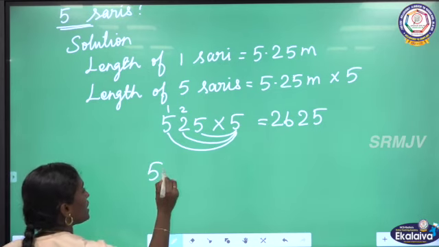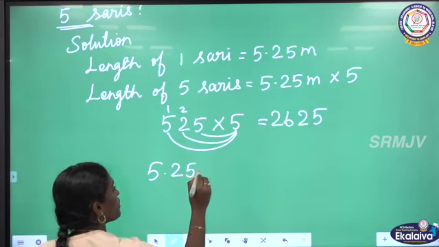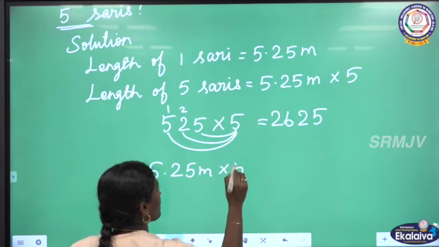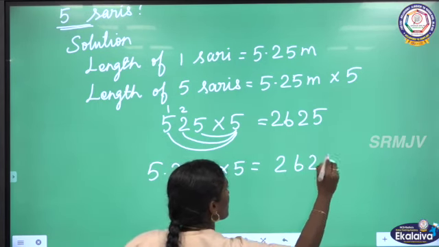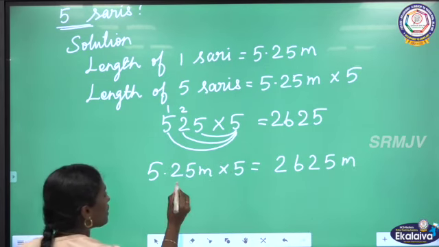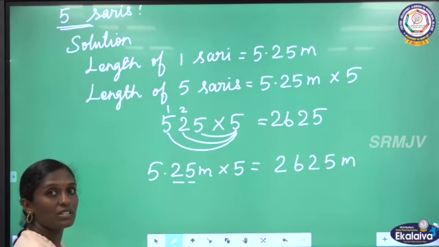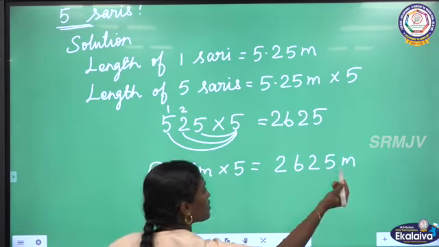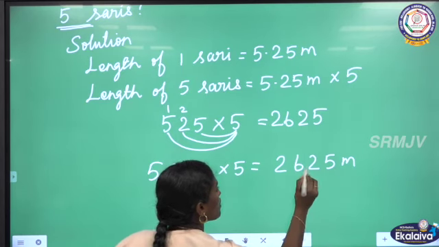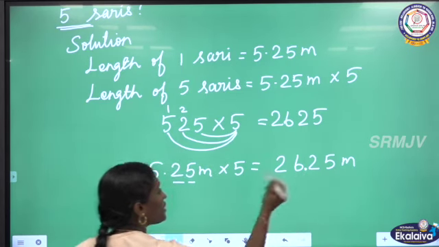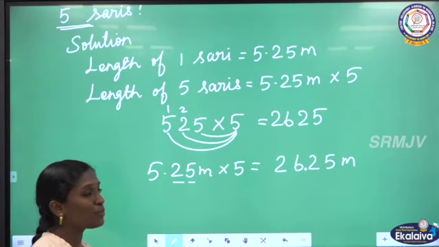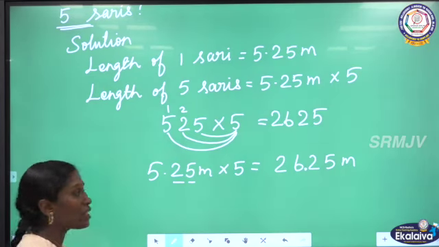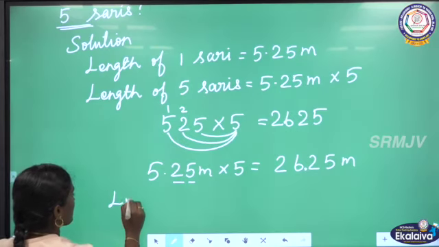Now we have to write the answer for 5.25 meter into 5. We have to keep the decimal point in the correct place. Here 2 decimal places are there, so in the answer also we need 2 decimal places. So we have to keep the decimal point from the last, before 2 digits. So the answer is 26.25. This is the length of 5 sarees.